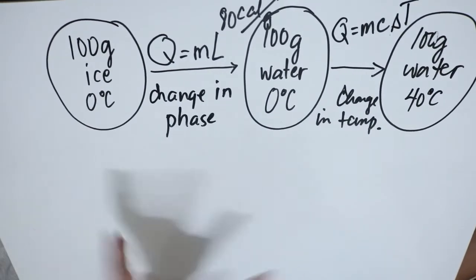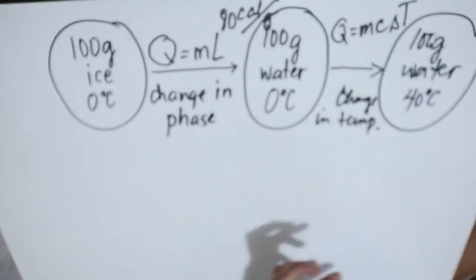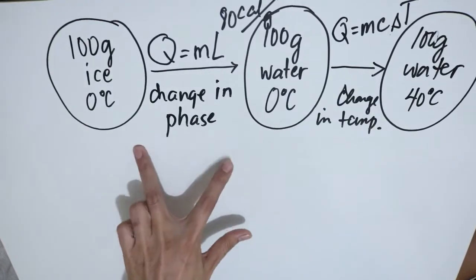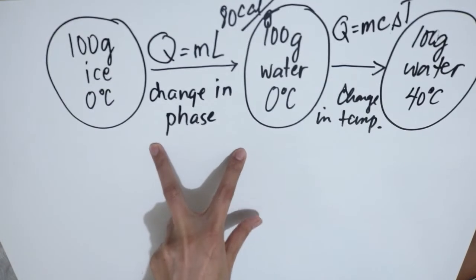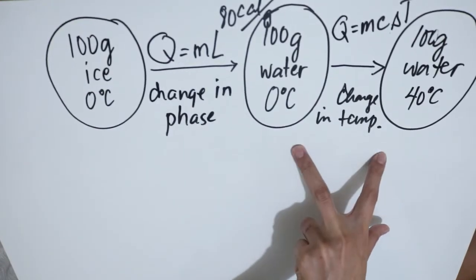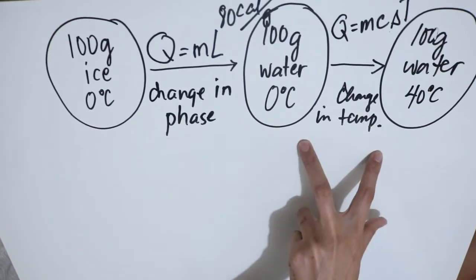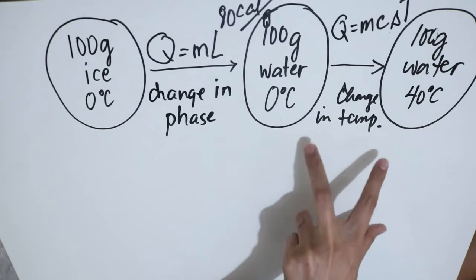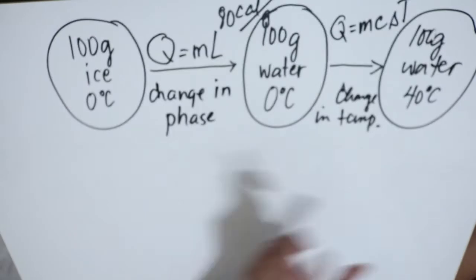So for this particular problem, you need to use a two-step process. Here, because there is a change in phase, you will use Q equals mL. And on the other side, because the water changes its temperature, we will use Q equals mc delta T, where delta T means change in temperature.